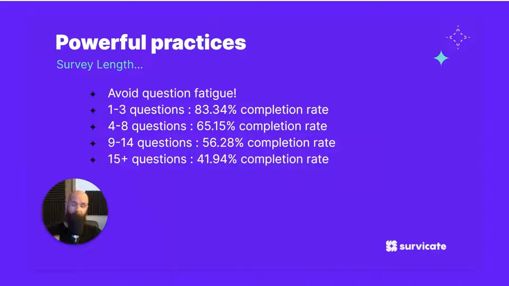And that rate dropped down to 65.15% in 4 to 8 question surveys. Furthermore, surveys with 9 to 14 questions had a completion rate of 56.28%, while those with 15 and more had a completion rate of 41.95%. I think you're starting to get the pattern here, right?